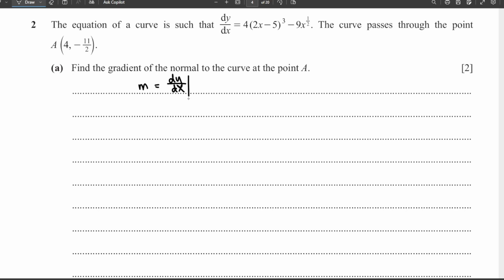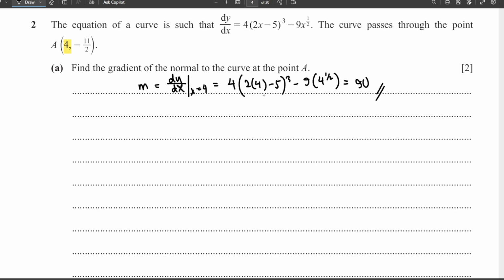which equals the derivative, evaluated at x equals 4 because that's the x coordinate of A. If you compute this in your calculator you should be able to get 90.